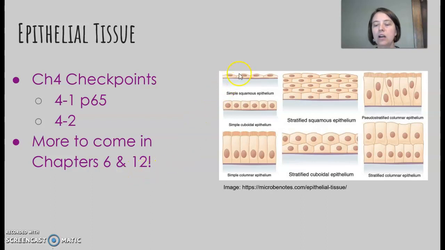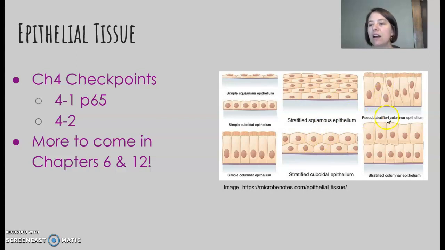Quick review on our shapes and layers. So we can see simple, one layer can be squamous, really flat, cuboidal, which are cubes, or columnar, which are tall and skinny, and stratified is many layers, and that could be stratified squamous, where they are flat and there's a bunch of layers of them, or stratified cuboidal.